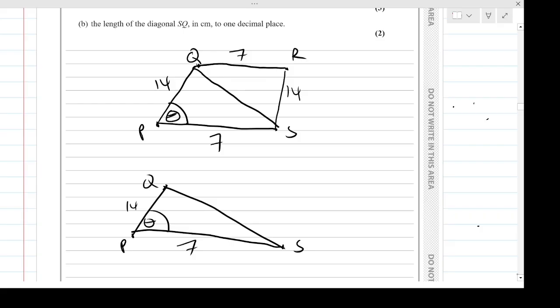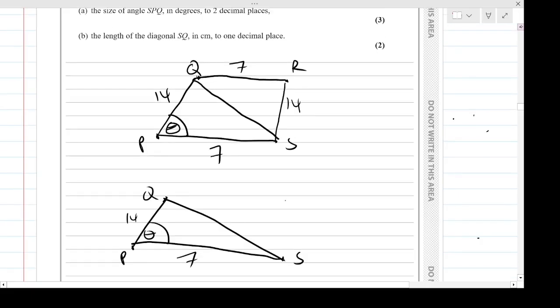It should be the other way around really, but that is the diagram we've got. So I want to find this angle here, and I've got the two sides next to it, but I don't have the third side. So what can I do here?